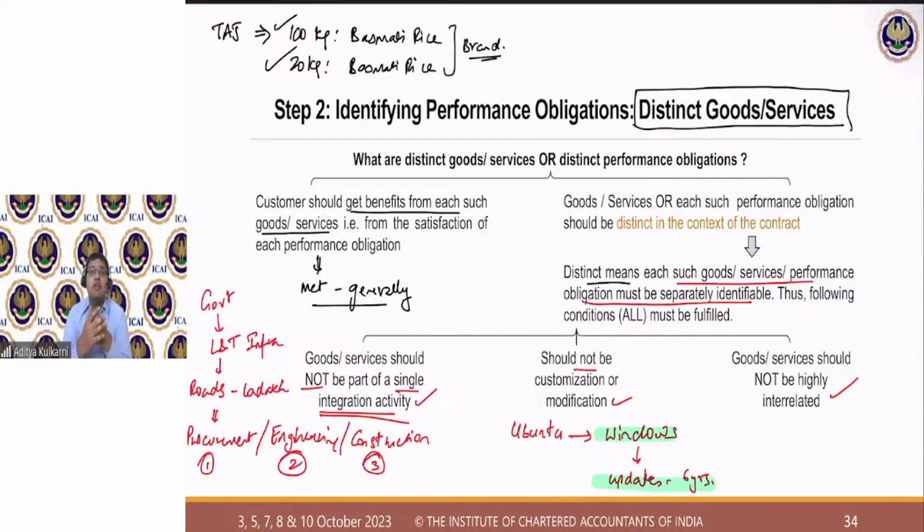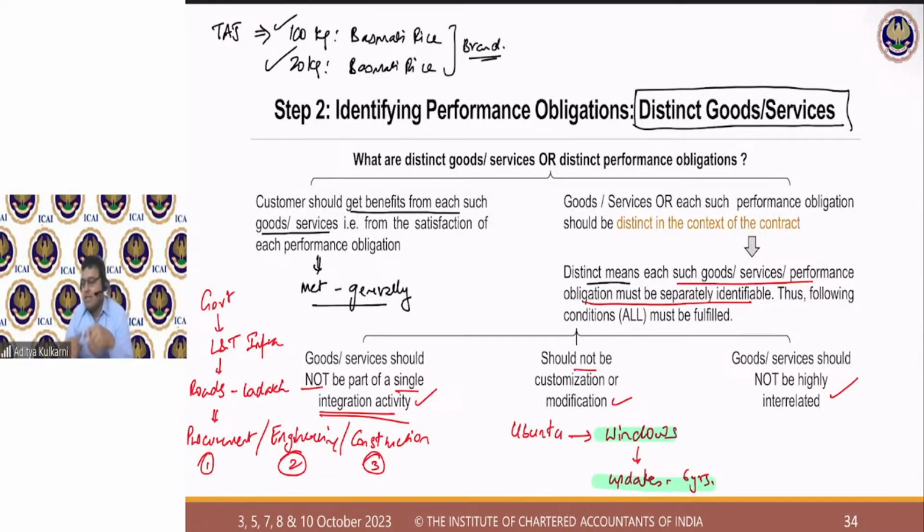Answer is yes. When an update comes to you, is it separately identifiable by you? Yes. You get a notification. Your phone is due for update. Your Microsoft Windows updates are downloaded and ready to install. Kindly restart your computer. All these are indications that the updates are separate from the software.